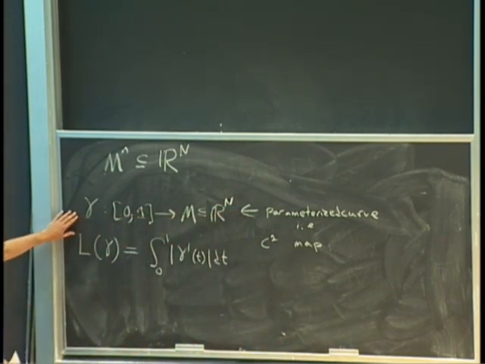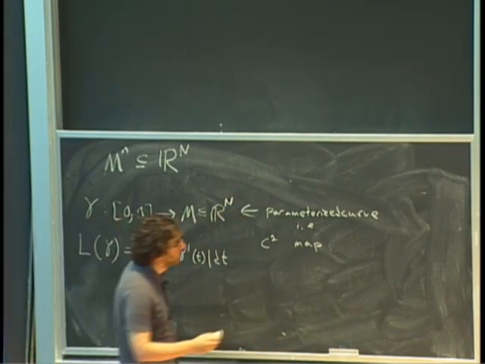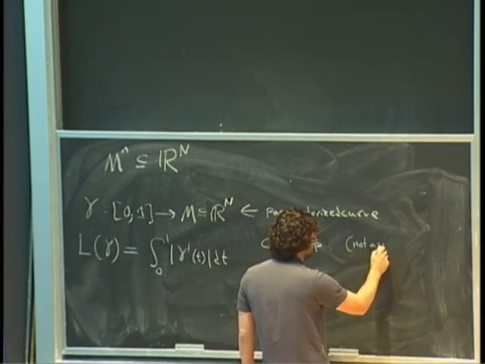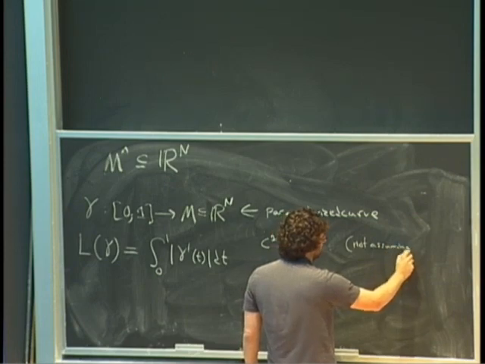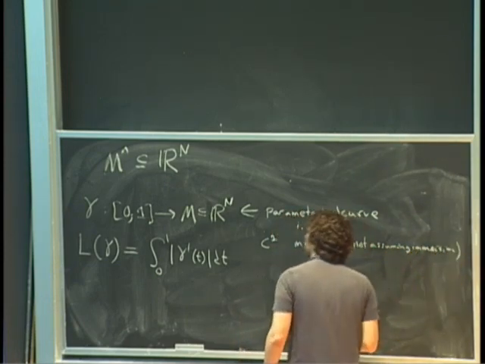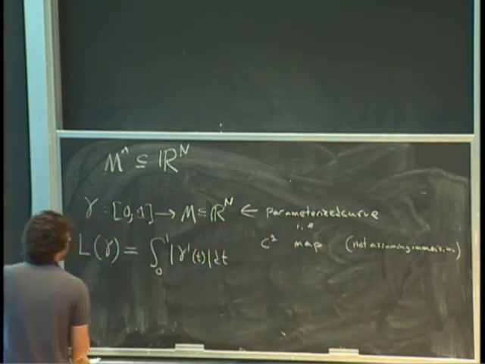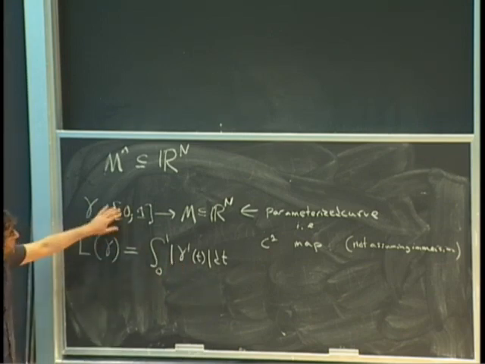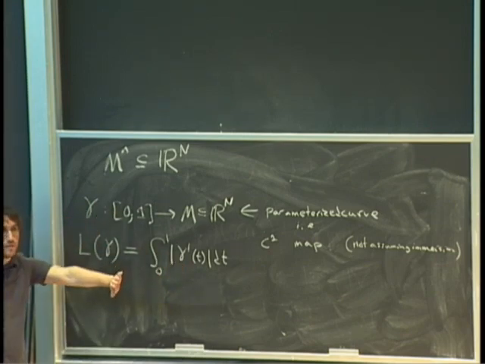So I'm not claiming this is an immersion. The observation you make is, because I'm not assuming it's an immersion, even though the curve might be very regular, the image doesn't need to be very regular.